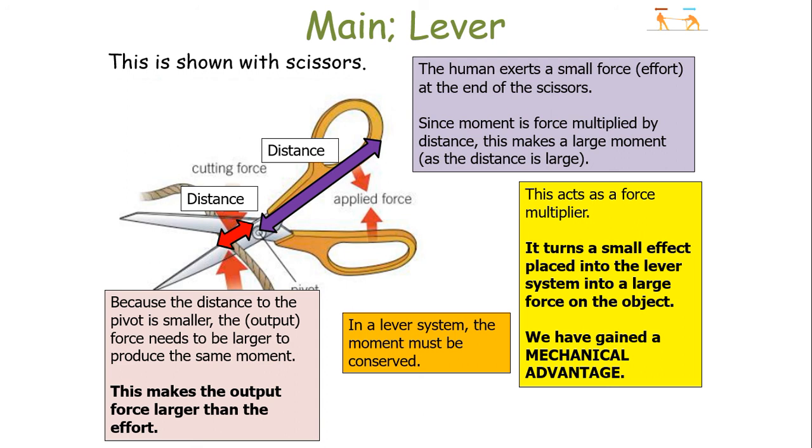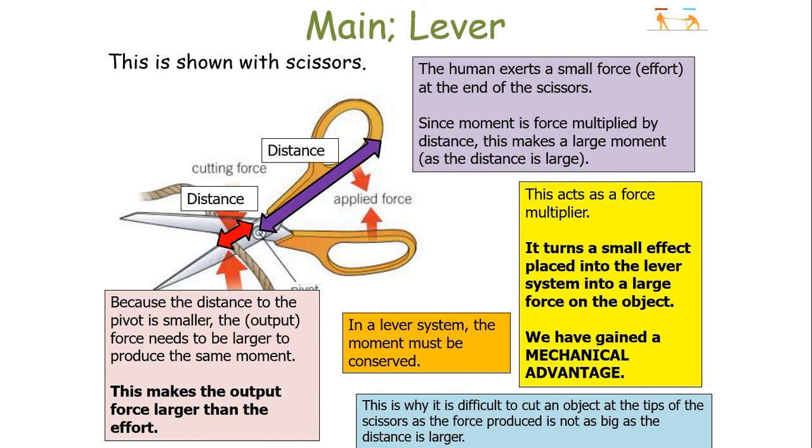So for the other side, for the blades to produce that same moment, which must be the case in any lever, because it's a small distance from the pivot, the force exerted by the blades must be large to get that same value of a moment, which is why the cutting force of a scissors is very high and can cut objects. So our small effort force is turned into a large output force. We've gained a mechanical advantage.